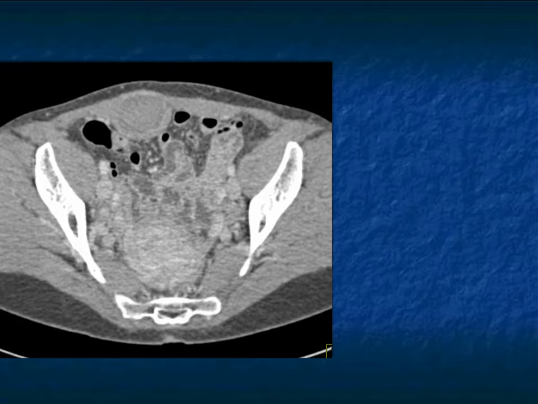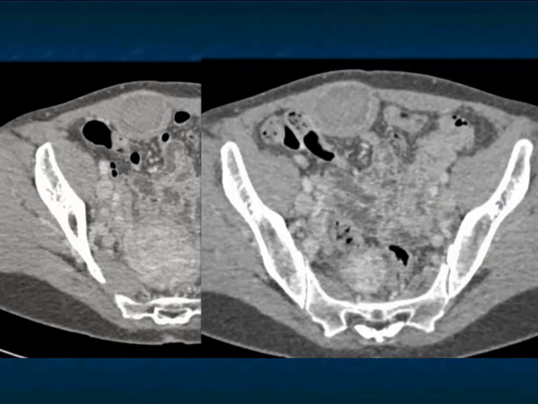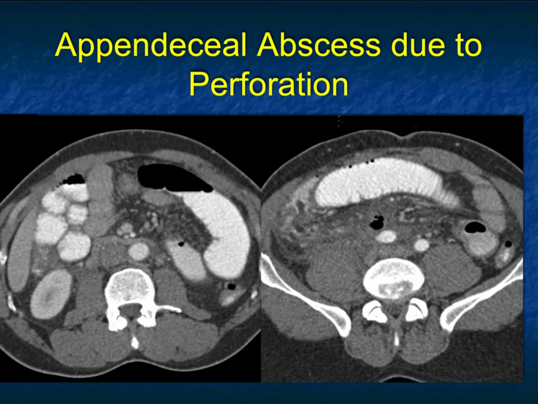There's a fluid collection by the right rectus muscle, nicely seen, and this is a perforation with abscess. This patient sometimes will be treated with interventional drainage first and then get appendectomy. Sometimes the patient will get appendectomy and the drains will be placed at that time as well.